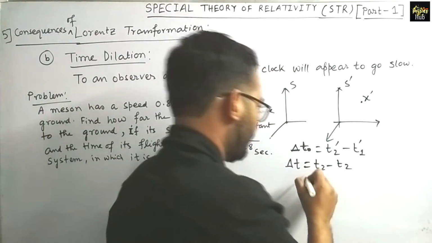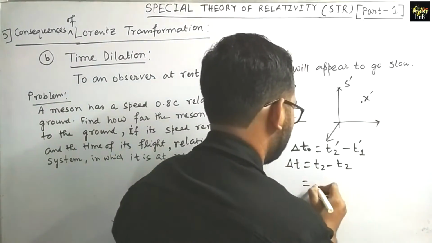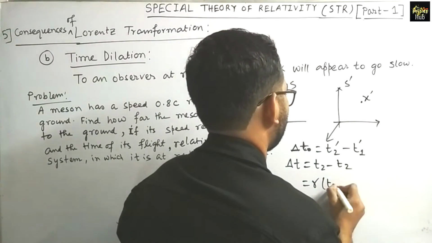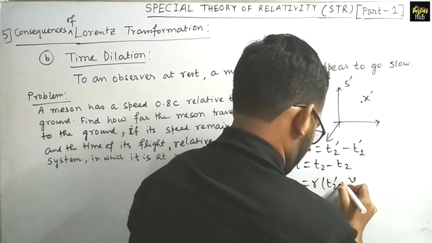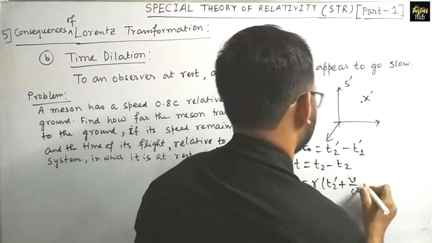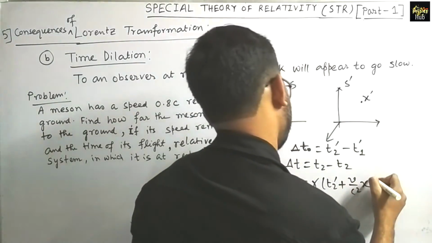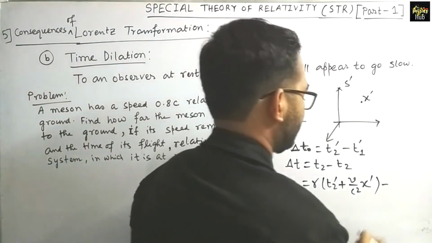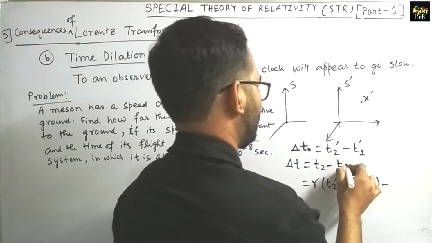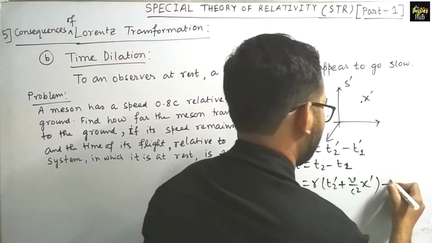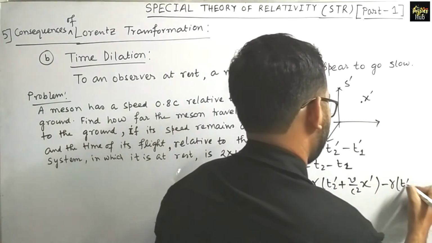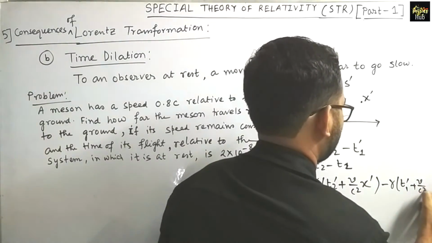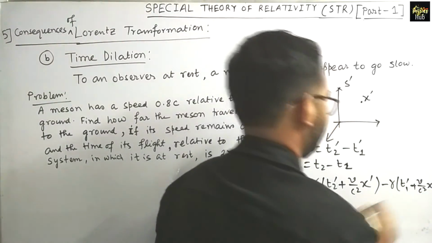Now t2 equals gamma into t2 prime plus v by c squared into x prime, and t1 is gamma into t1 prime plus v by c squared into x prime.